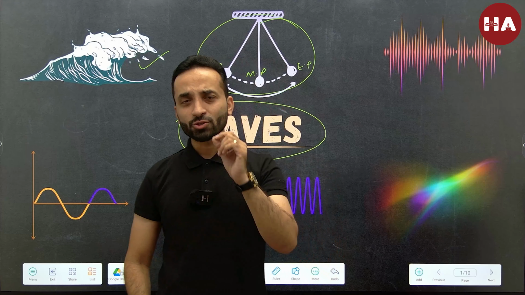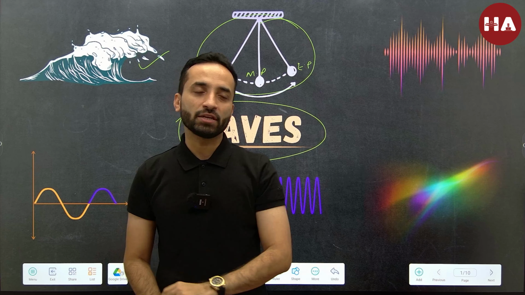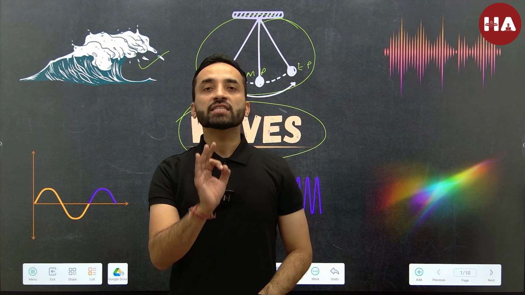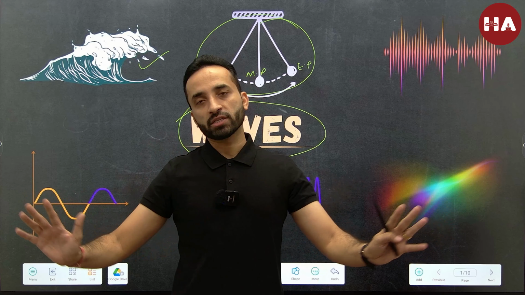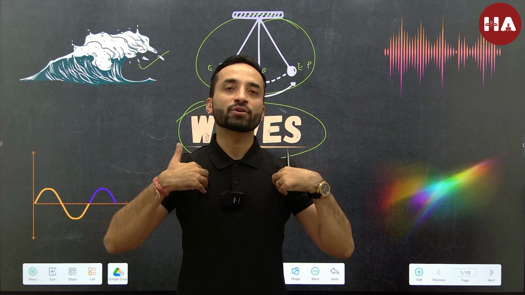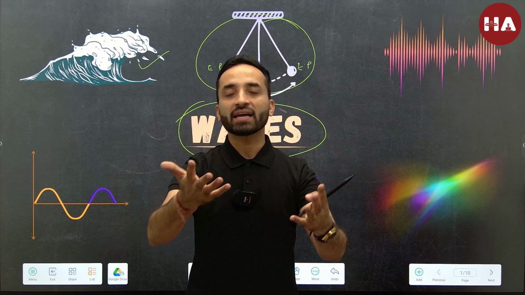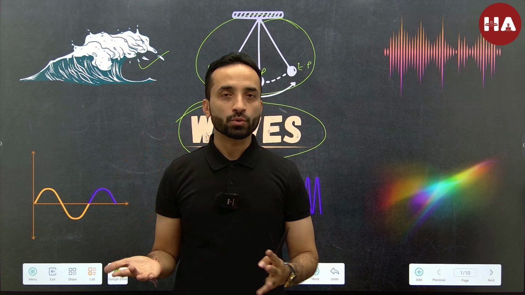Okay, so let's first break through the basic definition of waves. So very quickly then students, wave is basically propagation of energy. Let's keep it very simple. Wave is propagation of energy or momentum. So right now if I am talking and somehow you are receiving my sound energy, so like that is energy propagating for you, right?